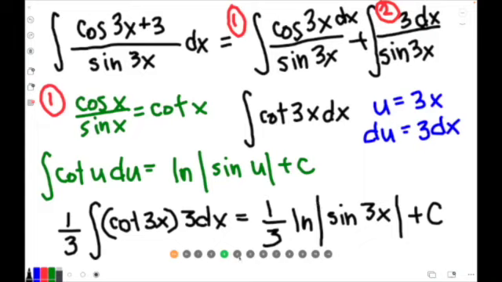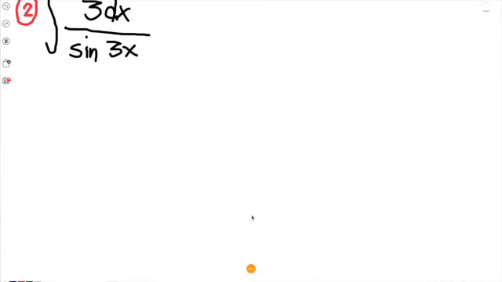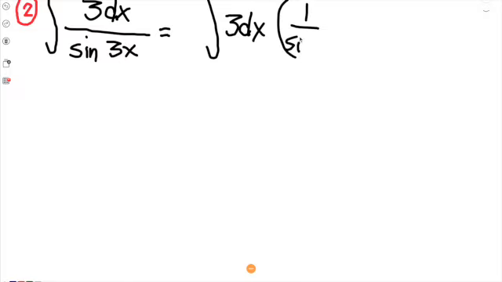For the second one, that's 3 dx over sine 3x. The second integral would be the integral of 3 dx over sine 3x. We will separate these two in order to get a better view of how we can transform this. So we have the integral of 3 dx multiplied by 1 over sine 3x.